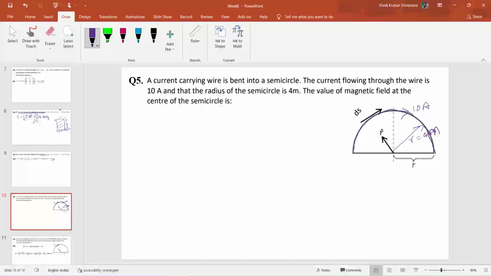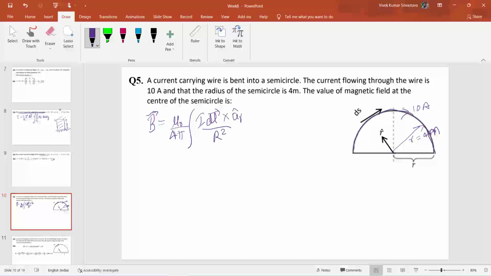So we have to calculate the value of magnetic field at the center of this semicircle. For finding magnetic field for such kind of structure, we will take the expression of Biot-Savart law, which is defined as mu naught over 4 pi integral I dl cross ar over r square.